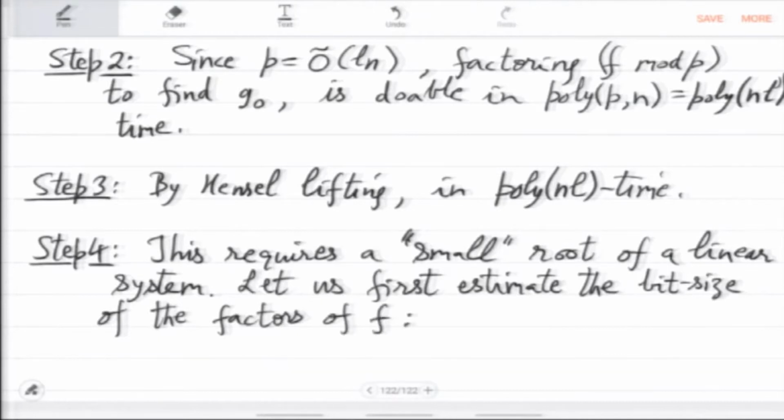So we will prove the following lemma. This is called Mignotte's bound.